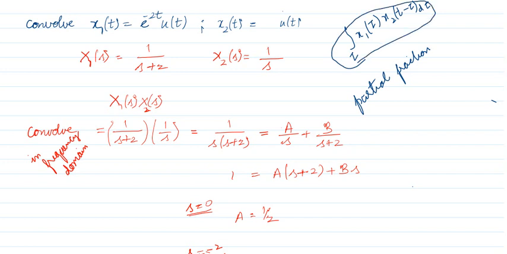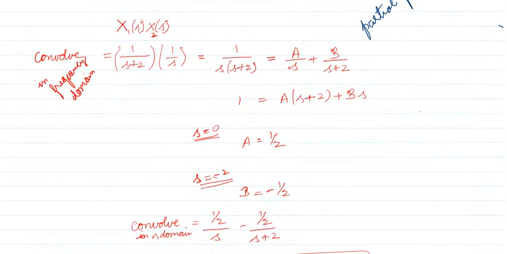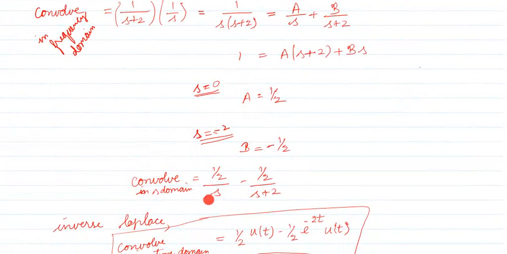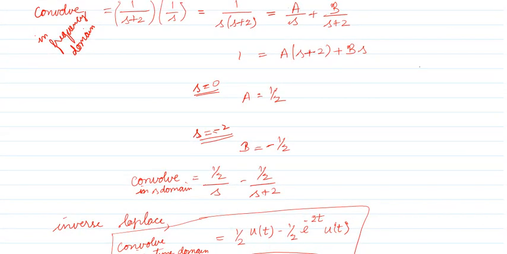But using Laplace transform, instead of doing convolution, I take the Laplace transform of each signal, then multiply, then solve the expression using partial fractions. I get the signal in S domain. If I take the inverse Laplace transform, I go back into the time domain. So this method is much easier than the convolution integral.